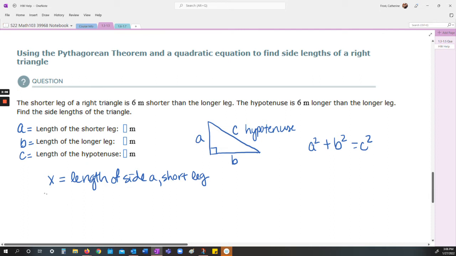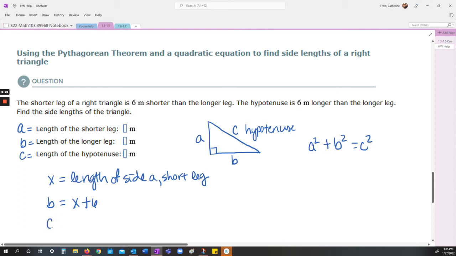Okay, so if that's what I'm doing, and I know that this X value, A, is 6 meters shorter than the longer leg, I can write the length of the longer leg, the B value, as X plus 6. And then the hypotenuse is 6 meters longer than that.